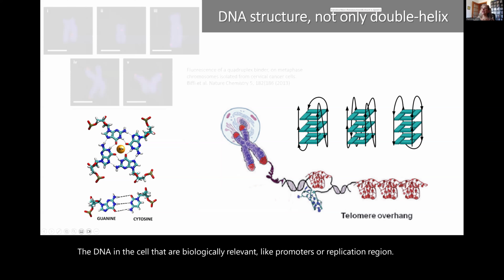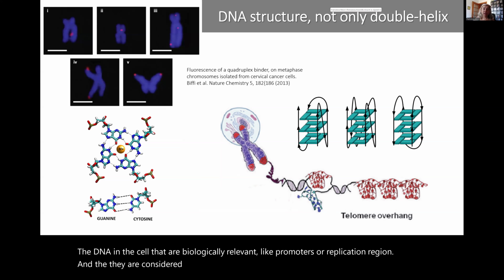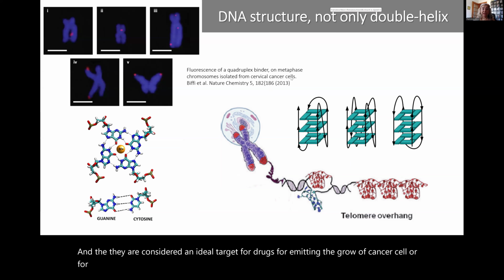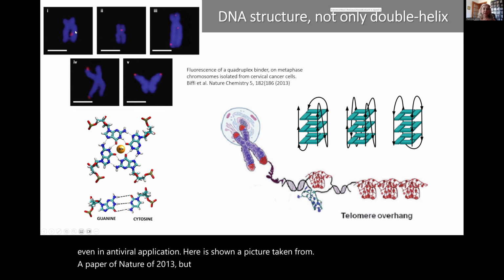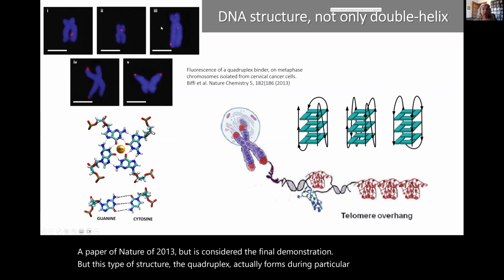And they are considered an ideal target for drugs for inhibiting the growth of cancer cells, or even in antiviral applications. Here is shown a picture taken from a paper in Nature of 2013 that is considered the final demonstration that this type of structure, the quadruplex, actually forms during a particular phase of the cycle of the cell.